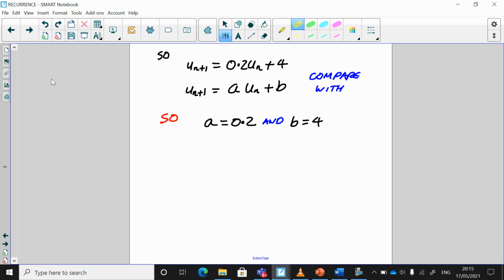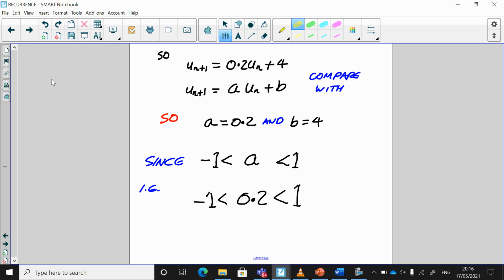B will come into it later if a limit exists. So B will come in later. Yep. Okay. Our A value seems to lie between -1 and 1. I'll just put it in there, 0.2. Hopefully you agree that does lie between -1 and 1. That means a limit does exist.